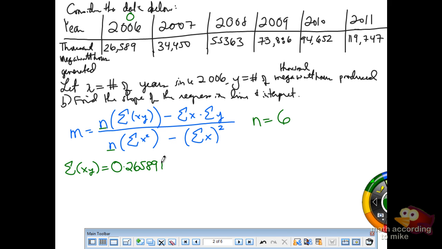Plus, says sigma, what's the next pair? What's this x value here? 1 times its y, 34,450, plus, what's the next x? Times its y, plus, and you just keep going.